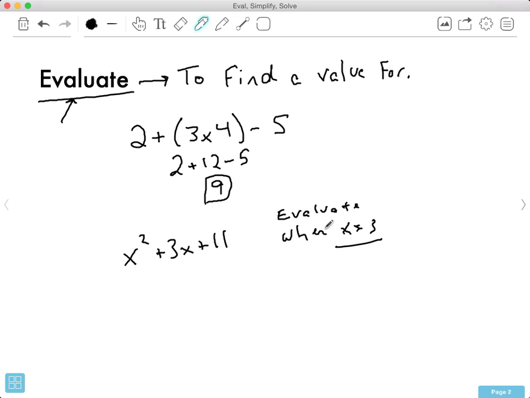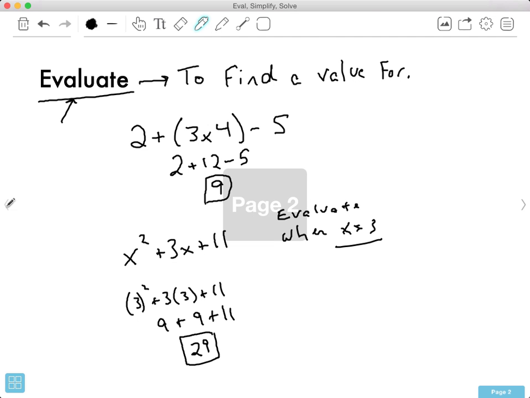You're going to evaluate or give it a value. So we get 3, every time you substitute in, should be in brackets, 3 squared plus 3 times 3 plus 11. So we get 9 plus 9 plus 11. That's 18, 28, 29. Okay, so evaluate means get the answer down to one single number.